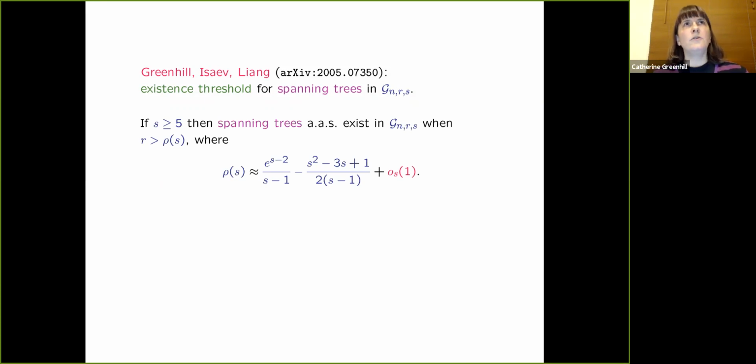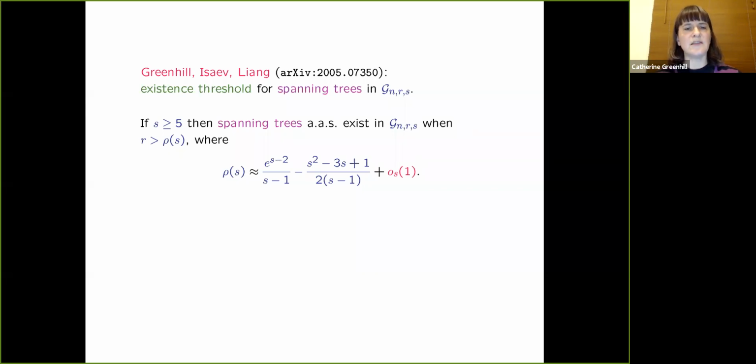Obviously, if you've got a 2 uniform hypergraph, which is a graph, you know that with probability tending to 1, the thing is connected and it will have a spanning tree, as long as the degree is at least 3. But if your uniformity is 5 or more, then you have a threshold. So spanning trees don't always exist in 5 uniform hypergraphs, for example.